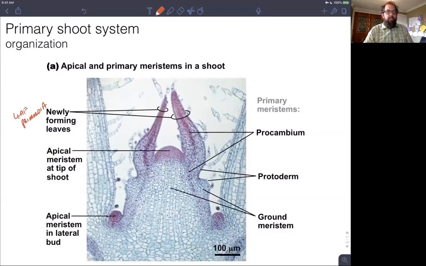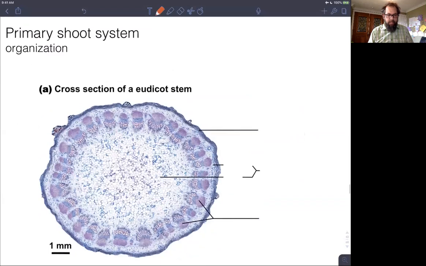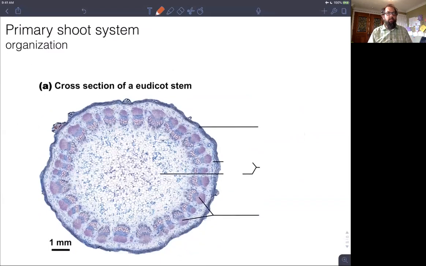And so just like we did with our roots, let's look inside of these and let's look at a cross-section of a stem. Here's a cross-section of a eudicot stem, showing many of the same parts that we saw in the root.